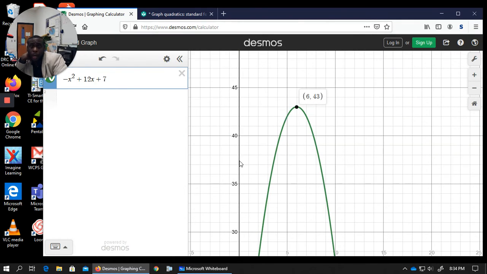Now, around that vertex, you should be able to identify certain points, and I'm talking about whole number points. I'm not talking about numbers that are decimals, like all these decimal numbers here. I'm talking about the ones where they're whole numbers. You get what I'm saying, right? I hope so.